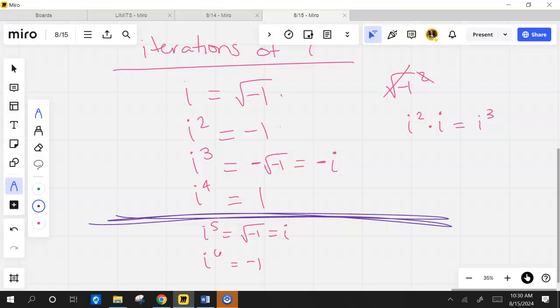After 4, they start repeating themselves, right? So this would be i to the 5th, i to the 6th, i to the 7th, and i to the 8th would be these values. And then it would start over. Then also i to the 9th, i to the 10th.